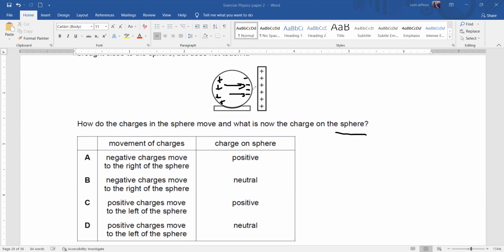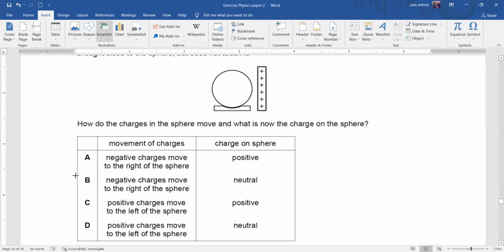The sphere is neutral. Why? Because originally there were equal numbers of positive and negative charges, and after the redistribution the total does not change. If there was an earthing wire or a conducting base that allows the charge to flow, then only it will get a net positive or negative charge. But in this case, as there is a non-conducting or insulating base, it does not allow the charge to flow.